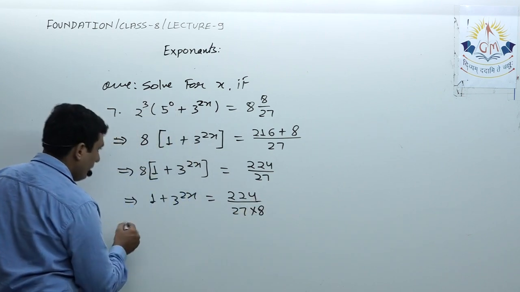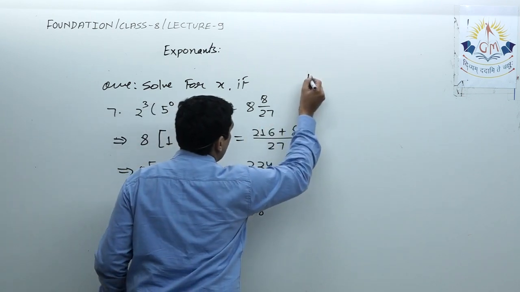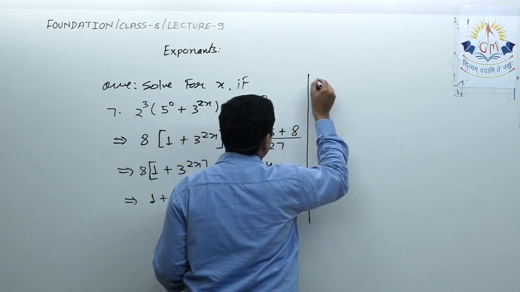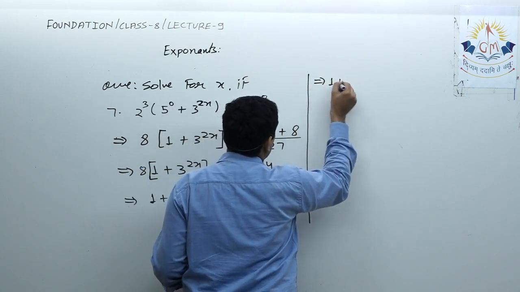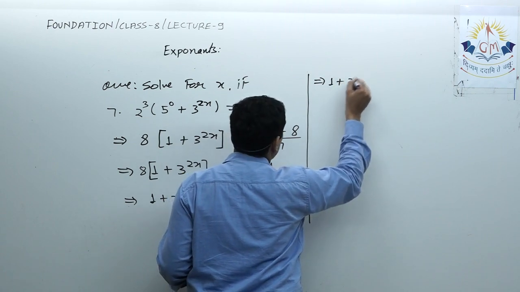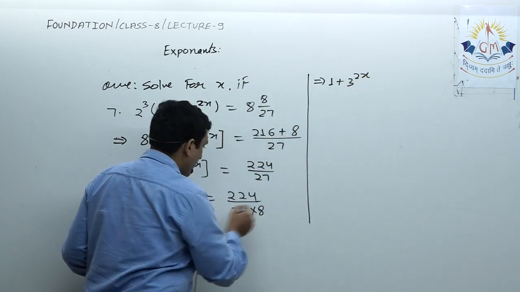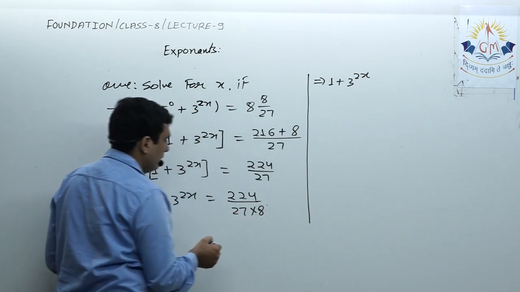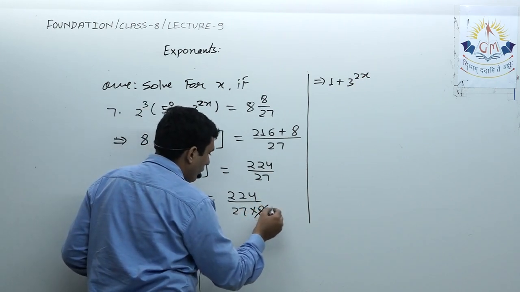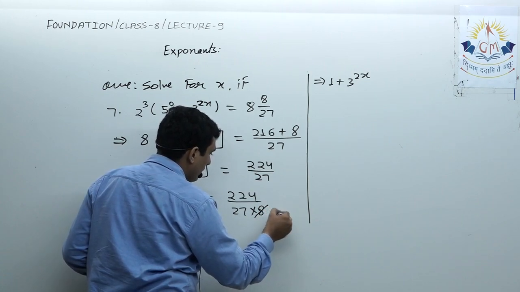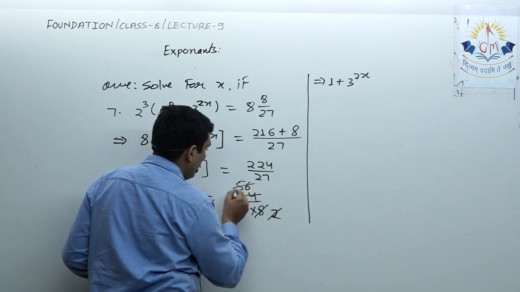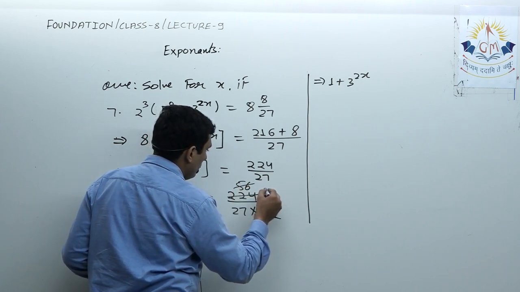So when I simplify this further, here I get 1 plus 3 raised to 2x. Now when I simplify, I can cancel this by 8, or 4 2s are 8. Again I can cancel it by 2, 28.